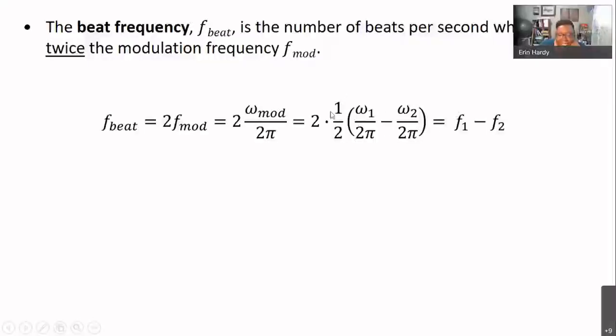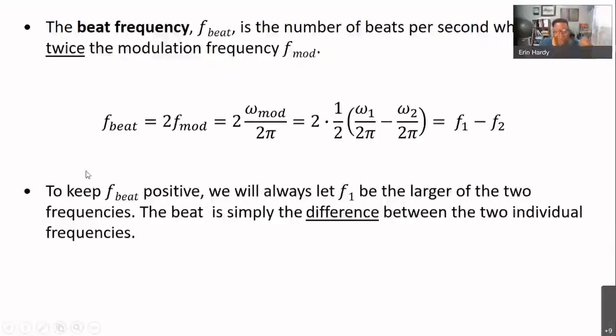So imagine taking the two frequencies, adding them together, and then dividing by 2. We could achieve exactly the same thing by taking the difference between the omegas, dividing by 2 pi, and then dividing that by 2. So that's just a long way of saying that the beat frequency is going to be equal to the difference between the two frequencies of the tuning forks that you were using to achieve this.